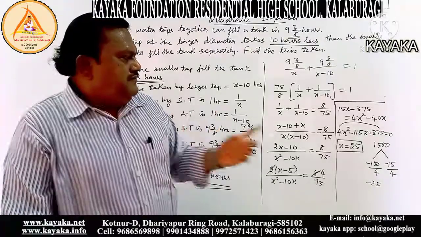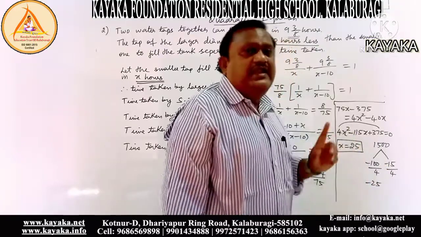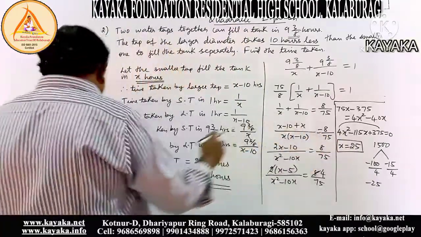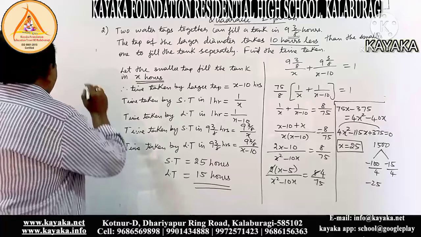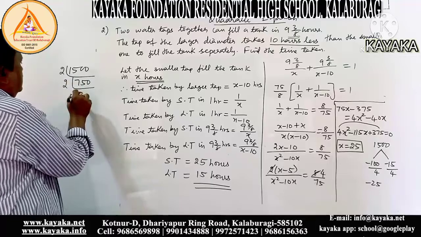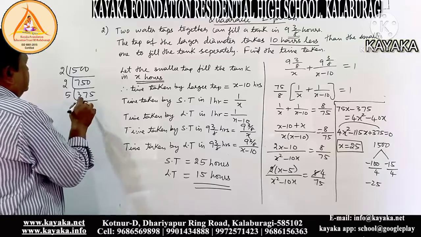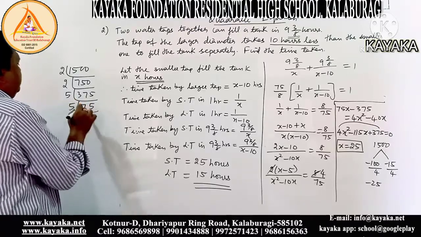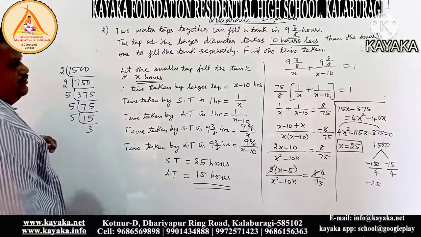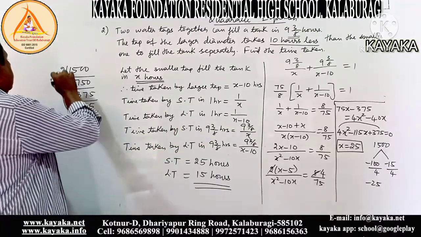Okay, dear children. Therefore, if you multiply these two factors, you must get this number. If you add these two numbers, you must get the middle number, minus 115. Now again, I will just show you how we are getting the factors. It is 1500 divided by 2, 750 divided by 2, you will get 375 divided by 5, 75, again divided by 5, you will get 15, divided by 5, you will get 3.